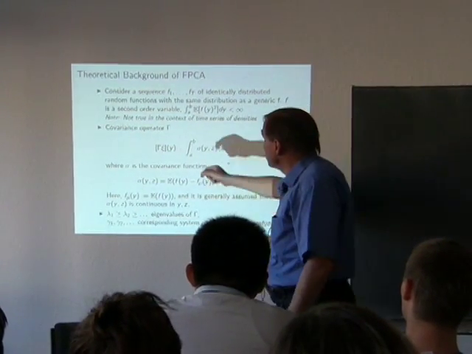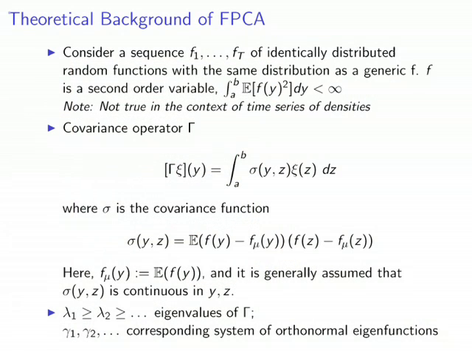Usually it's defined like that: gamma psi of the covariance operator. An operator is something where if you apply it to a certain function, which you call psi, you get out another function. For example, a differential operator takes a function x and gives out another function, in this case a constant, or takes x squared and gives you x.